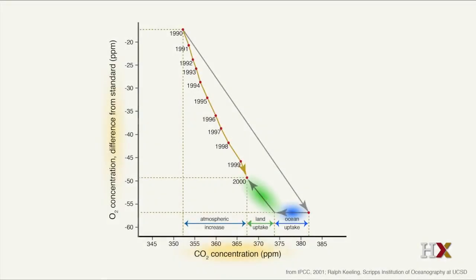So the conclusion from Ralph Keeling's oxygen measurements is that, in fact, roughly half of the carbon dioxide that is missing, that is not appearing in the atmosphere, is being taken up by the ocean, which was about the number that oceanographers thought, and the other half is actually taken up by the terrestrial biosphere. When he first came out with this information, this was actually a big surprise to the terrestrial ecologists.